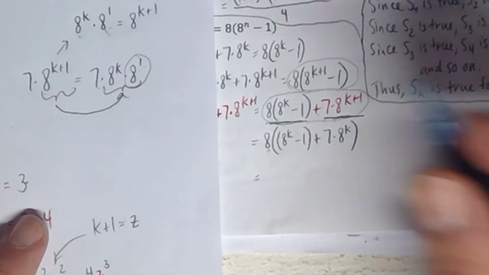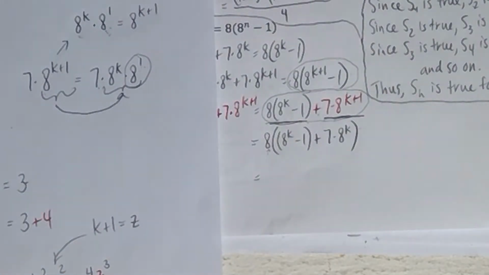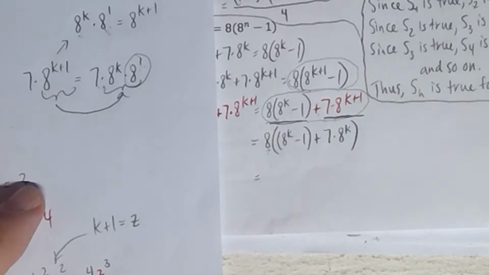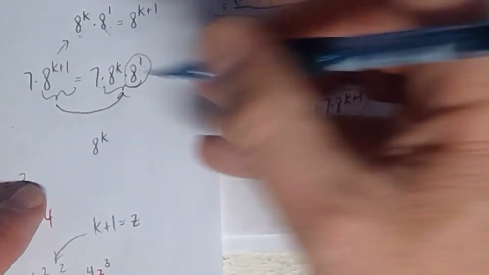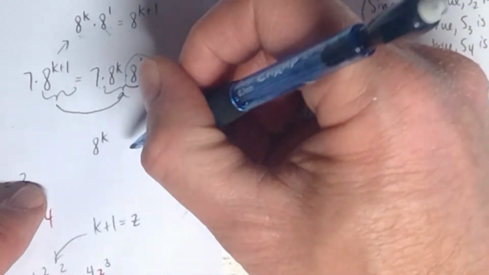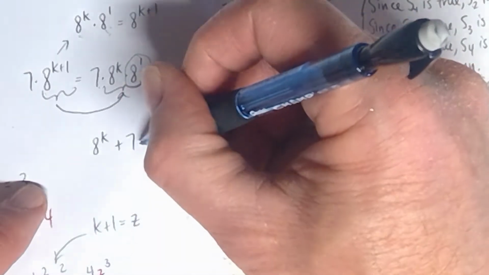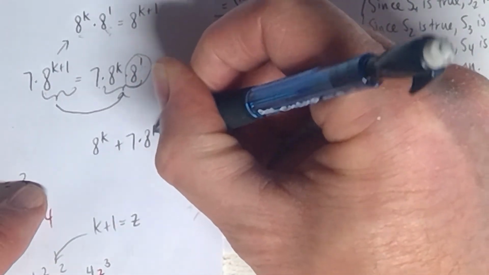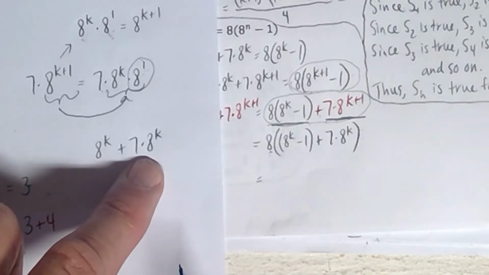All right, remember, I'm going to do this a little bit of a different way here to help you relate it to something you've already seen before. Pretend like the, let me write it down right here, 8^k and 7, and I'll bring in the -1 in a little bit. We don't need to worry about that right now. But look at the 8^k and the 7 times 8^k.